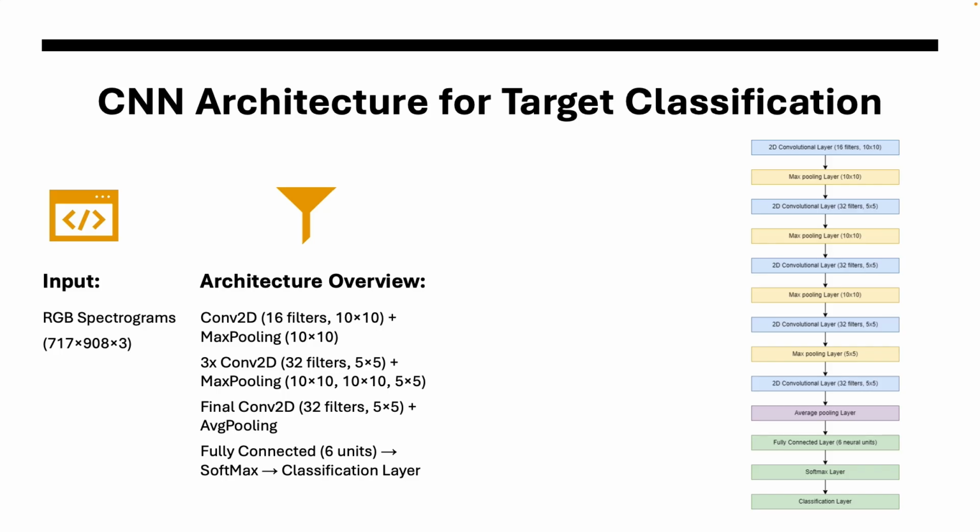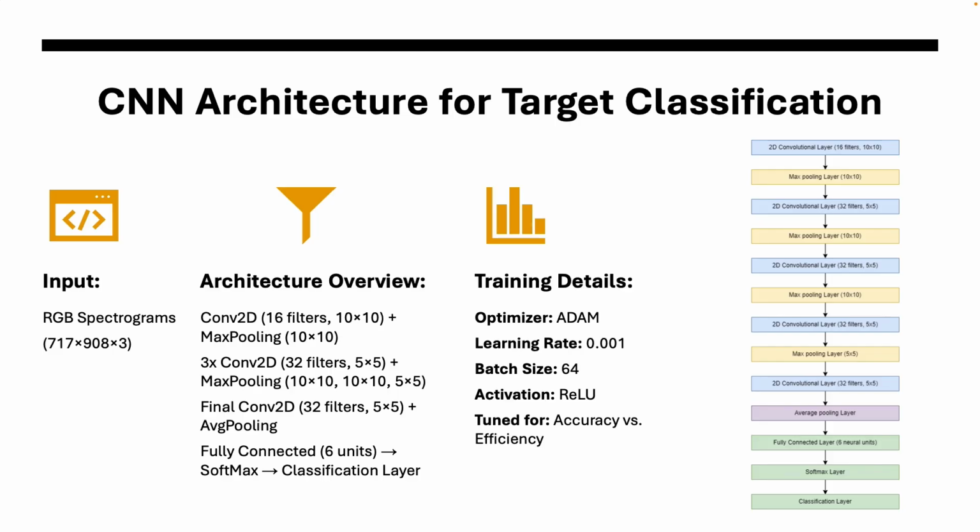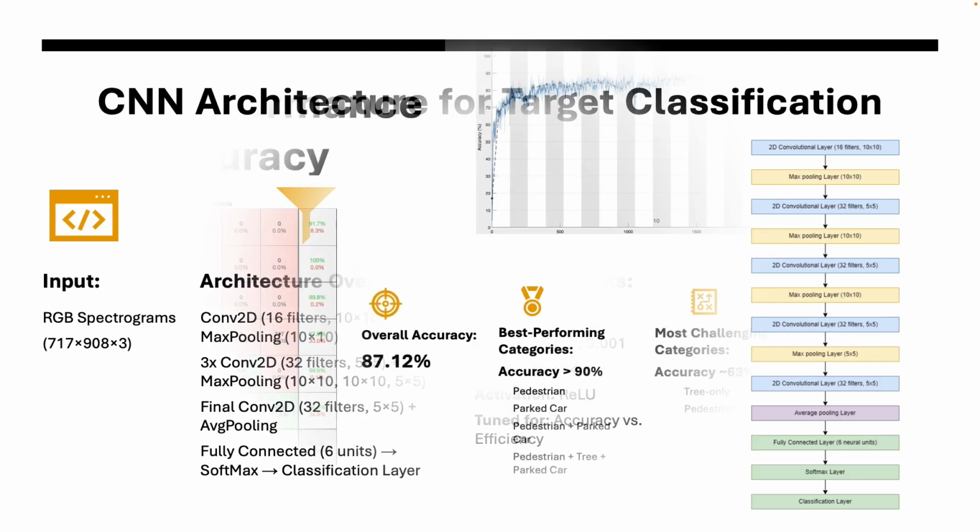A fully connected layer outputs class probabilities via a softmax layer, enabling multi-class target classification. Finally, we tuned this model using the ADAM optimizer, a batch size of 64 and ReLU activations. This setup offered a solid trade-off between computational load and classification accuracy.